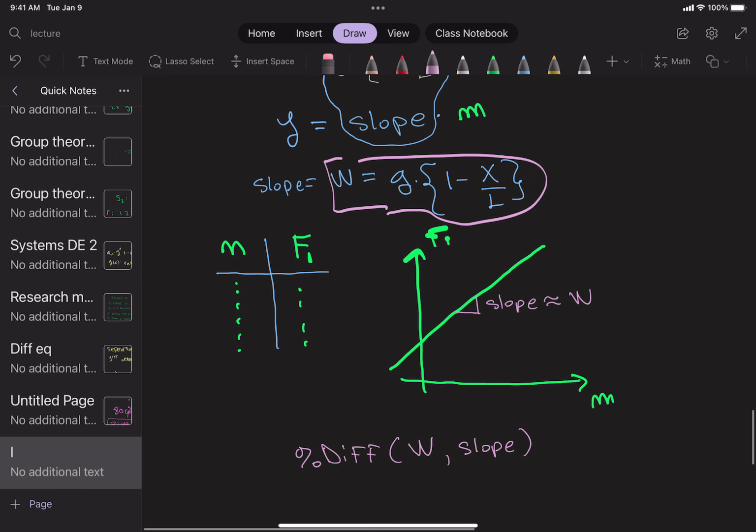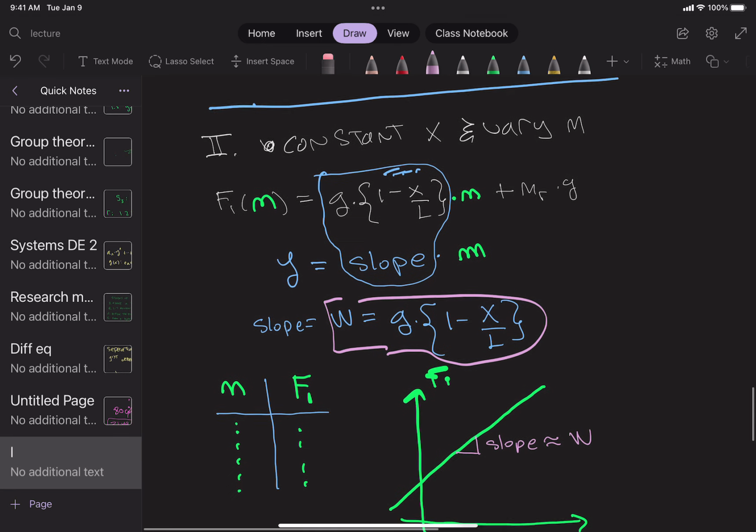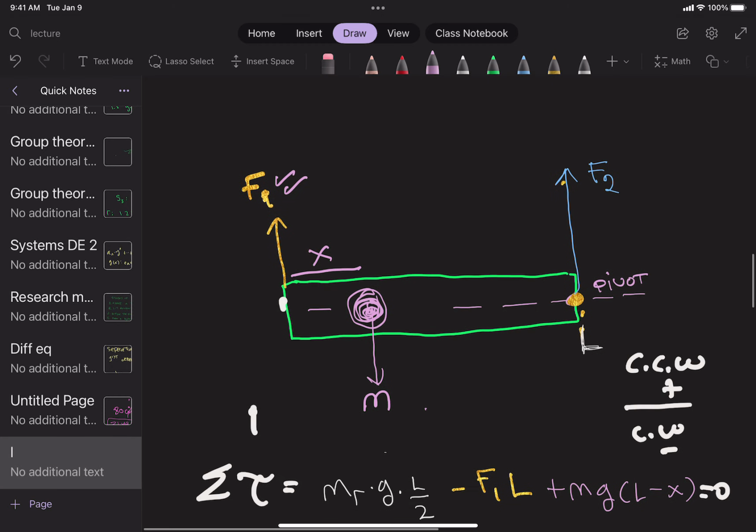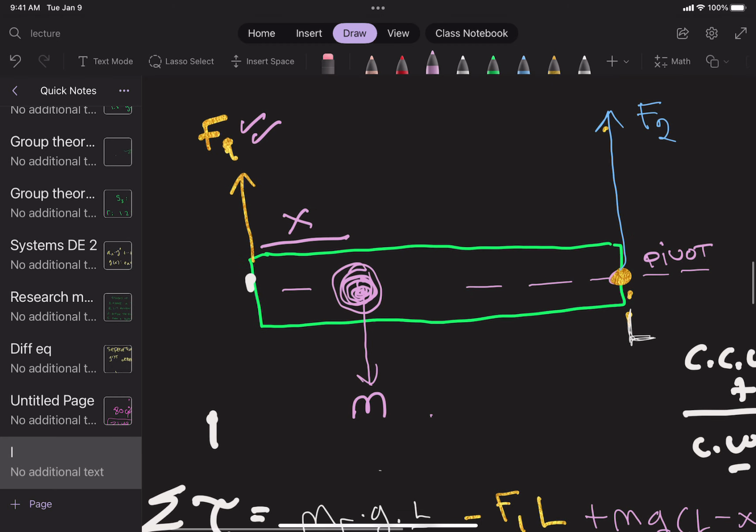All right, so that completes the theory part for the torque lab. So again, the setup is going to be a ruler suspended by 2 strings, and the strings are connected to 2 force meters, F1 and F2. And along with that, you're going to have a hanging mass.